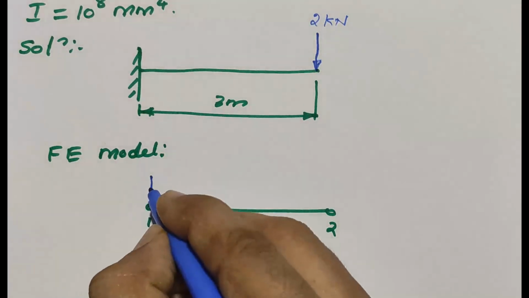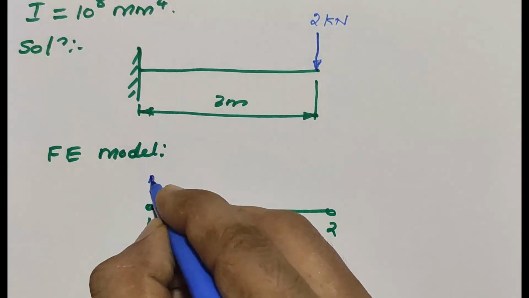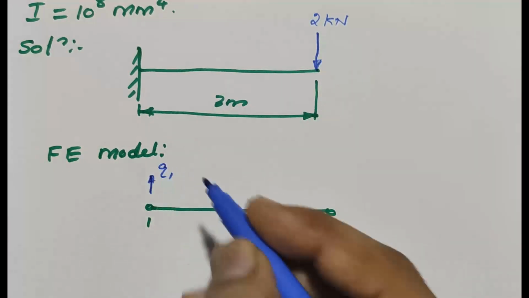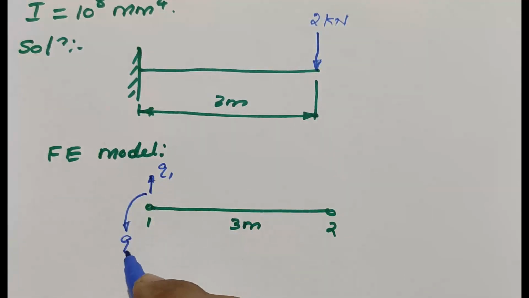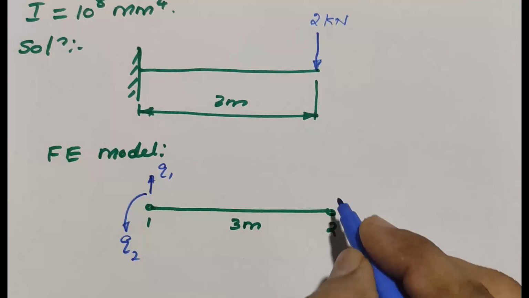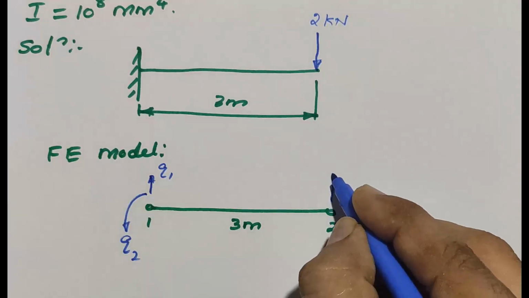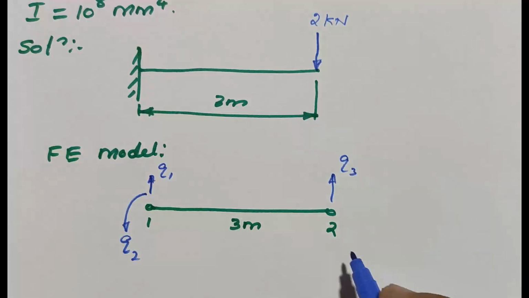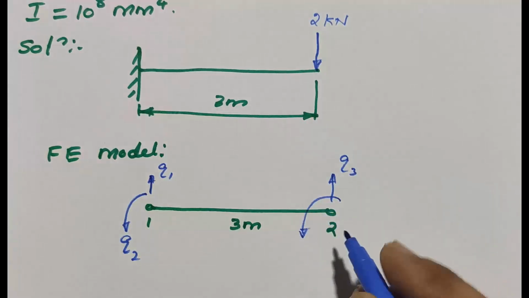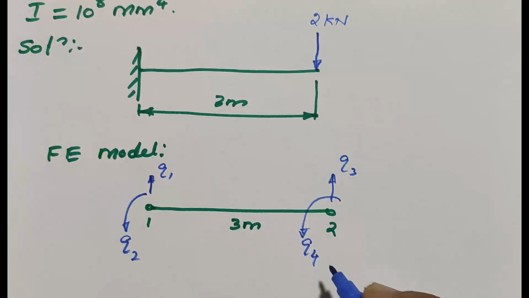So at node 1 I will take Q1 as translation and Q2 as rotation, which means Q2 is slope. Similarly at node 2 I will take Q3 as translation and Q4 as rotation or slope.